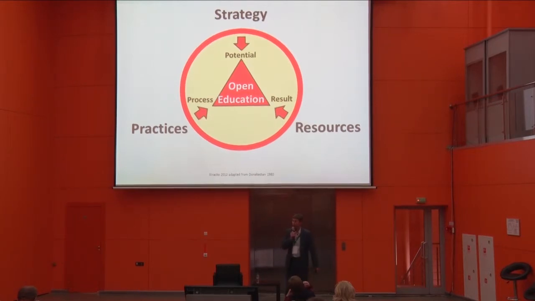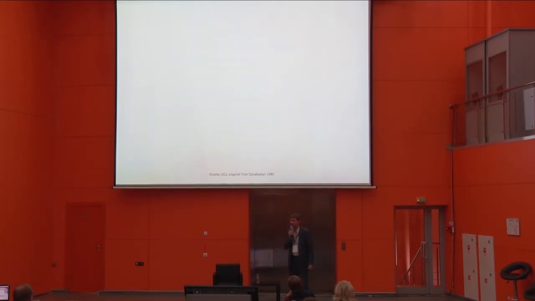Here we can relate that to open education: the processes are the practices that you are enabling in open education. The resources are the results, that are the open education resources to be used and delivered in open education. And the strategy is how to define not only the vision, but also the future objectives for your open education.